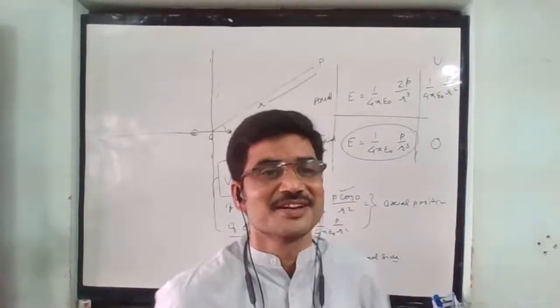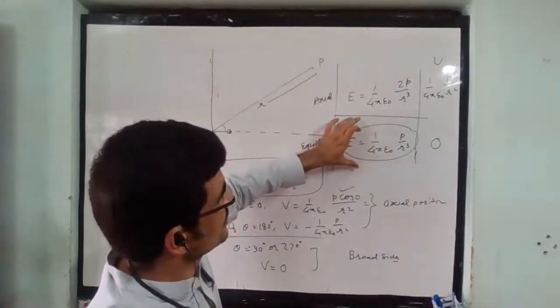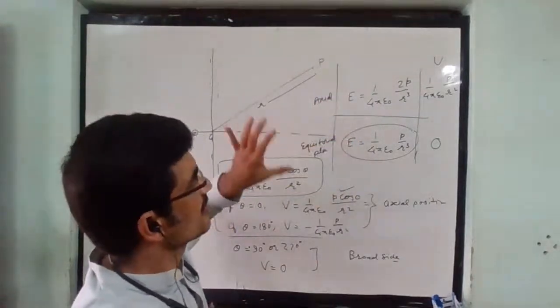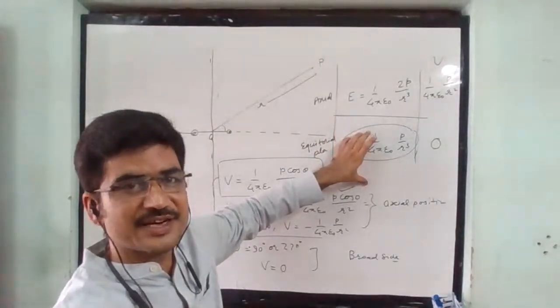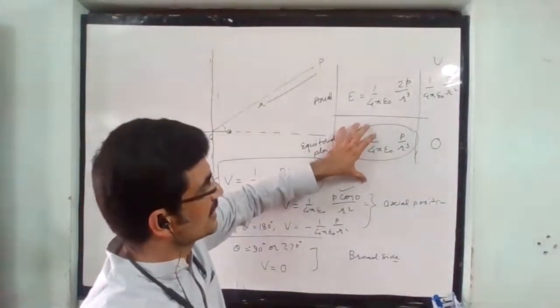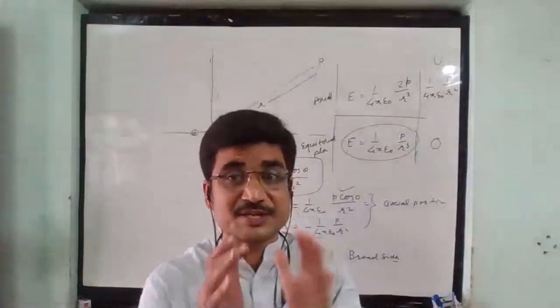So let's continue. Here, this is the special point where the electric field is present, but the electric potential is zero. It's a very special point.